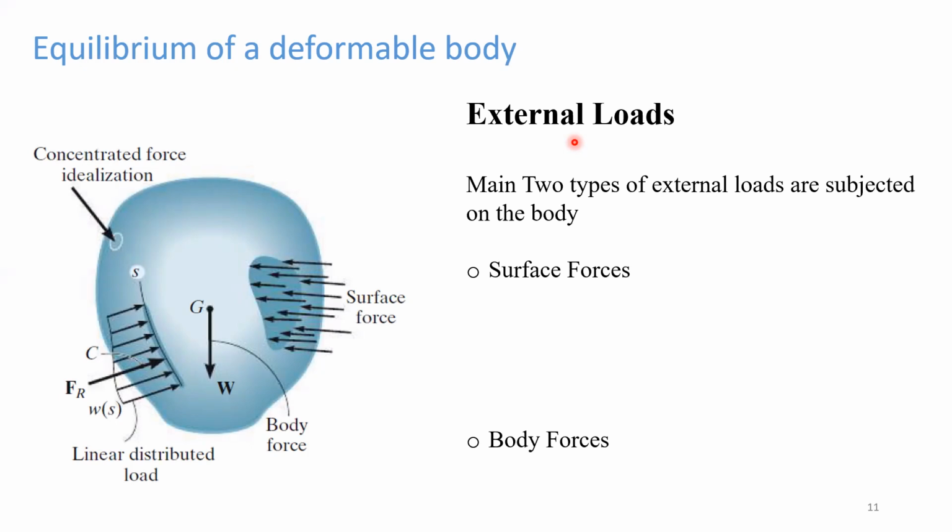If something is in equilibrium, that means the object is static, meaning it doesn't move, or else it can move with a constant velocity.